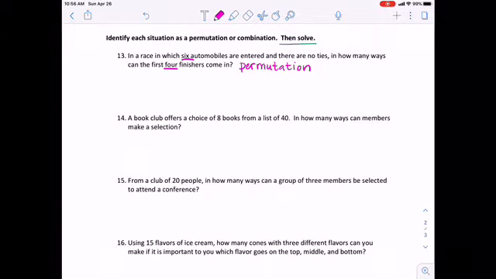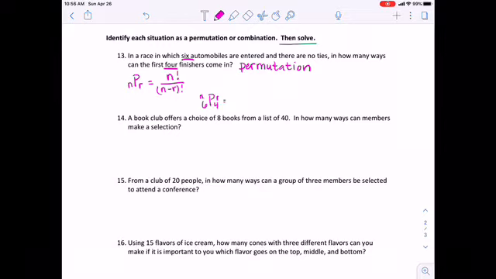Now remember, the formula for a permutation is n permutate r equals n factorial over n minus r factorial. So in this case, I have 6 items and I want to permutate and choose 4 of them. So my n is going to be 6 and my r is going to be 4.